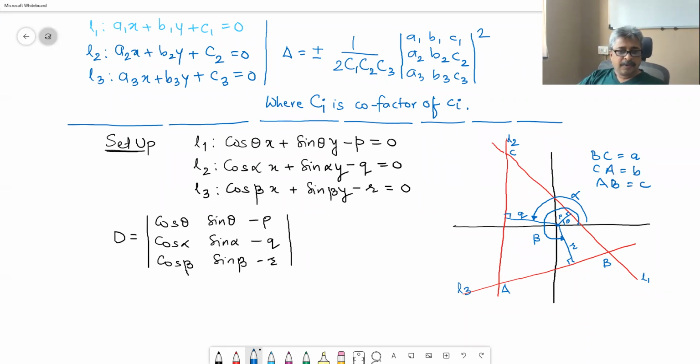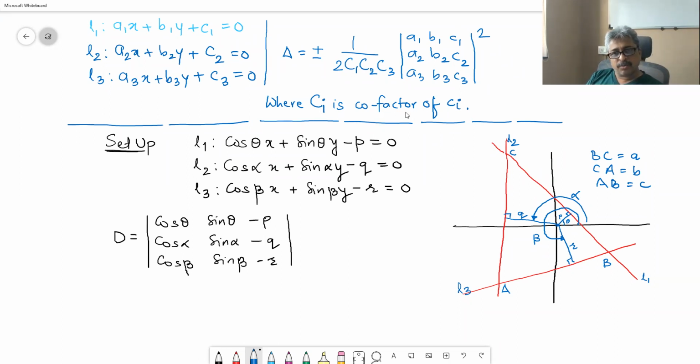Okay, and therefore if this is the setup, you should be able to prove this, because I have given you what we mean by cofactor.